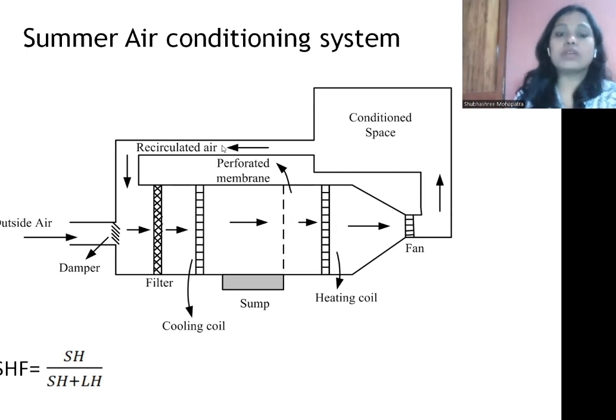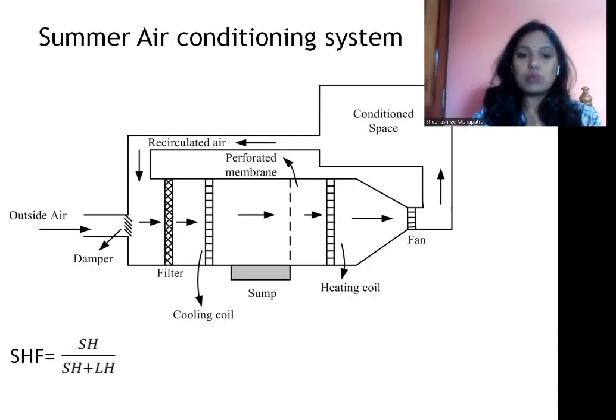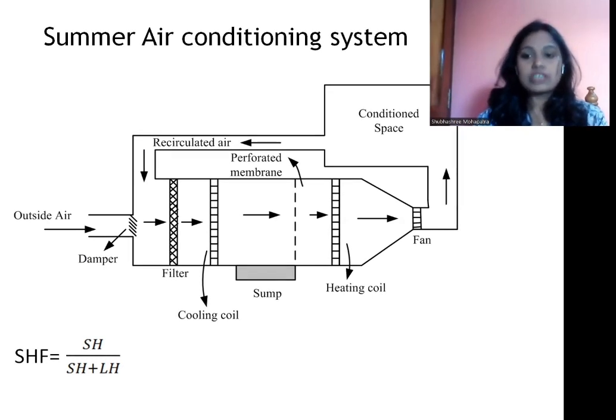Also, the CO2 amount will increase. So for that, we are adding some portion of outside air here. This is not the only reason. If we keep recirculating this air again and again, there will be staleness in the conditioned space. So to freshen up the conditioned space, we are adding the outside air here.